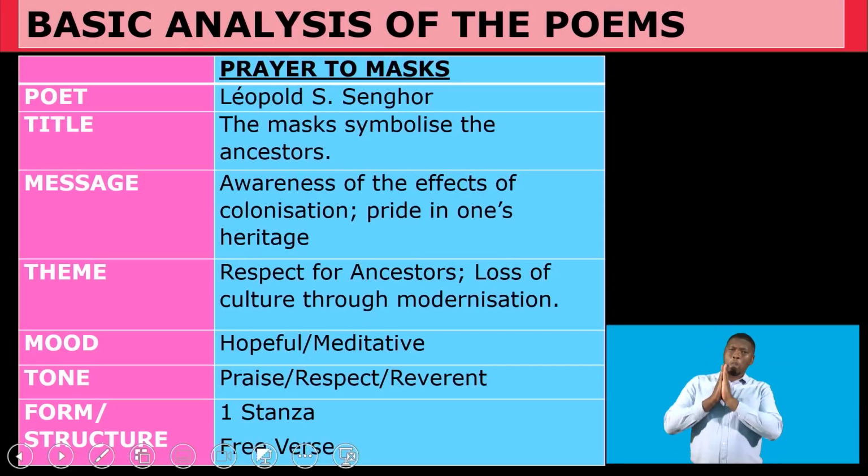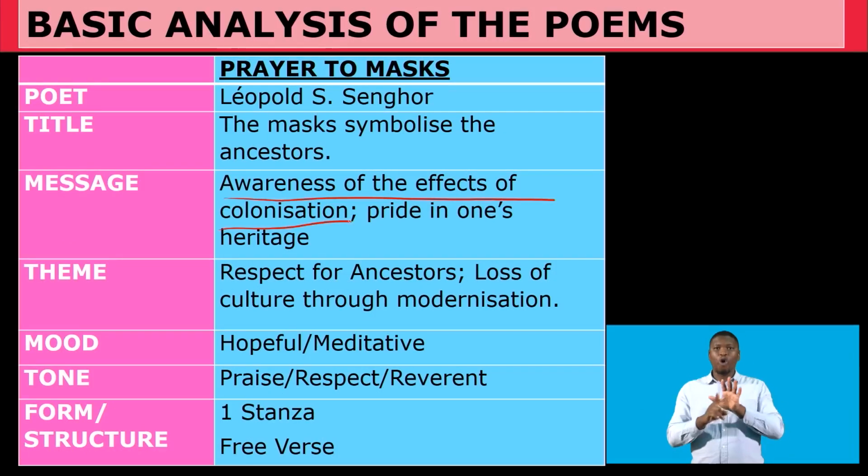Prayer to Masks. The masks symbolize the ancestors, as is evidenced in the title. The message is an awareness of the effects of colonization. So this is not an apartheid poem. It's a poem about African colonization. Do not get apartheid poems and poems that speak about the oppression of colonization confused in your exams.